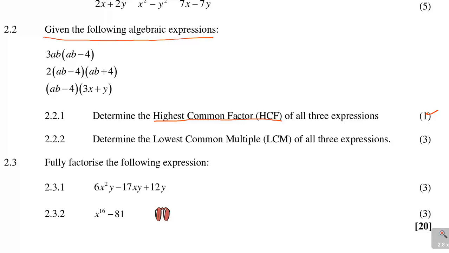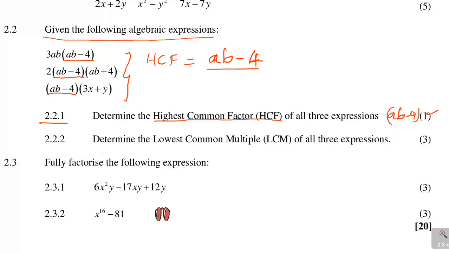Now let's try AB minus 4 and AB minus 4 and AB minus 4. So you can see that in all this, what is repeating, the highest common factor, is equal to AB minus 4. So that is what is repeating in this. So that 2.2.1, that's what you get. It was your AB minus 4.